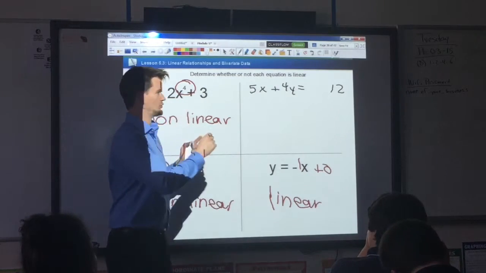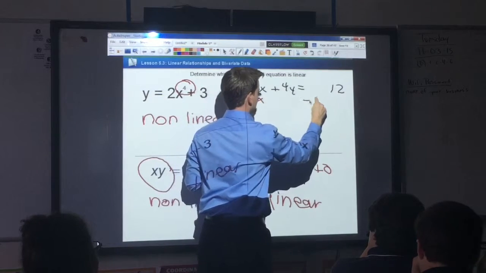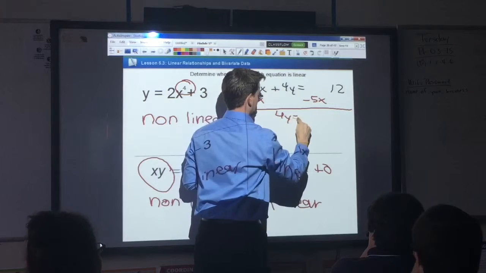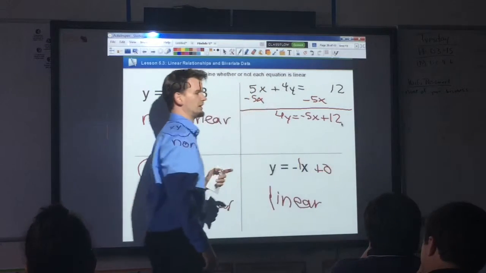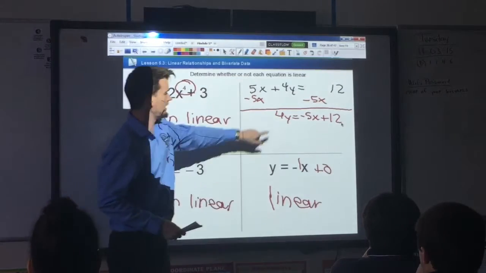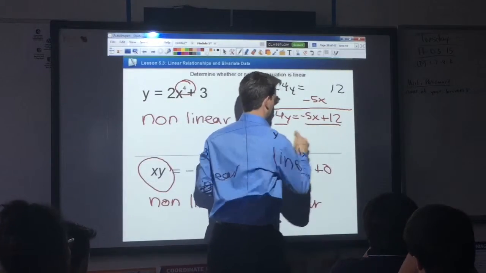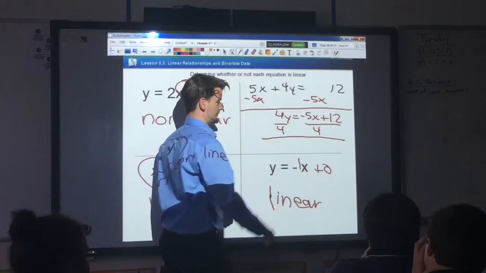So I can rewrite this equation. I can subtract 5x from both sides, and I'll have 4y is equal to negative 5x plus 12. Now that is not y equals mx plus b format yet, because I cannot have any coefficient next to the y. So I divide everything by 4, and watch what happens.